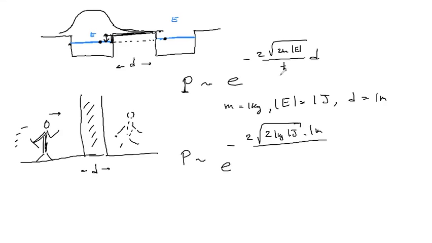What was the Planck constant? 1.0555 or 53, 10 to minus 34, yeah? What am I going to have in the numerator, or in this exponent? Negative what?